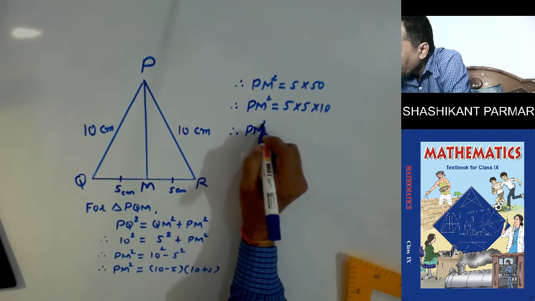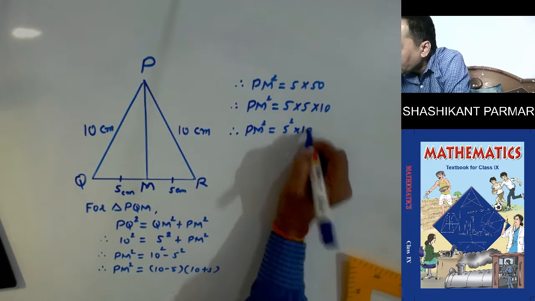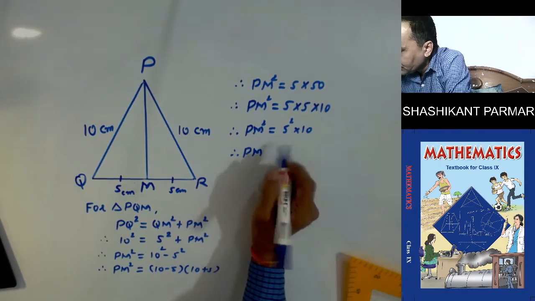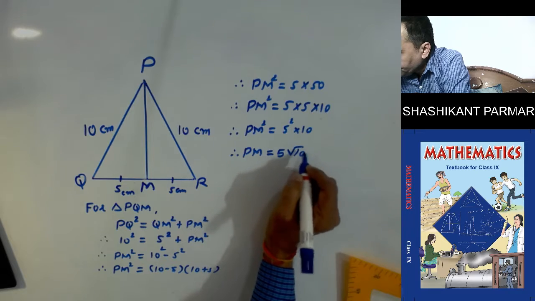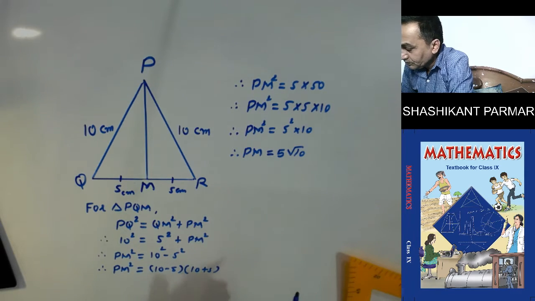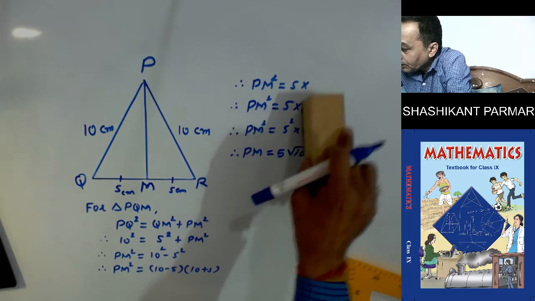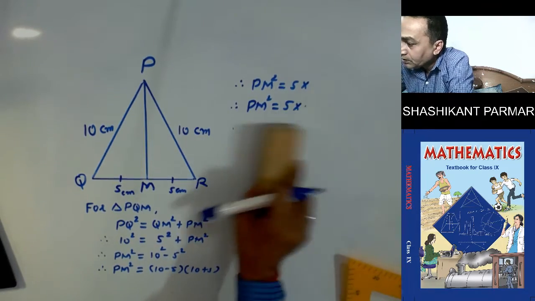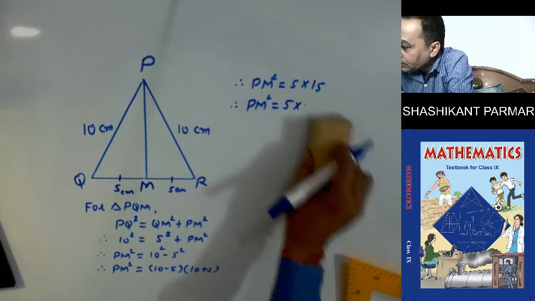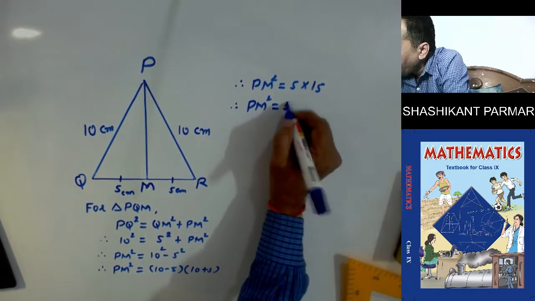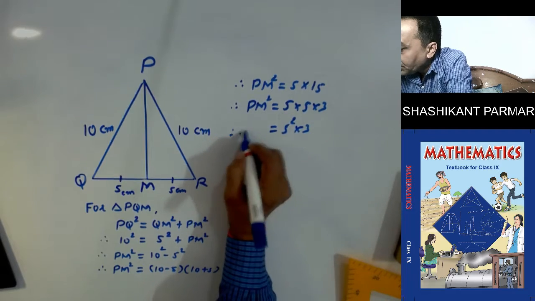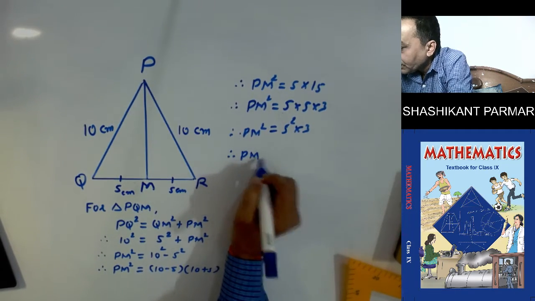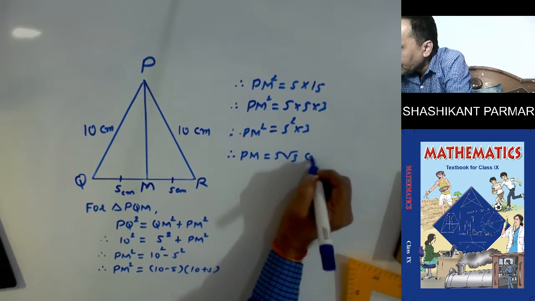Therefore, PM square is equal to 5 square into 3, and PM is equal to 5 root 3 centimeter.